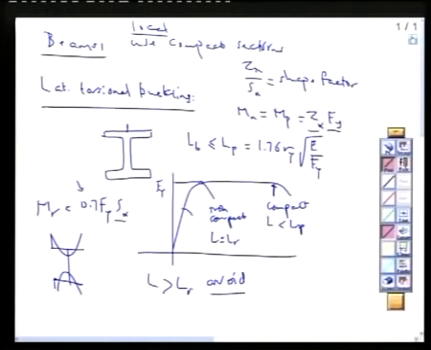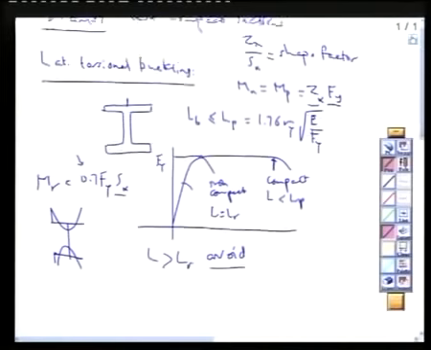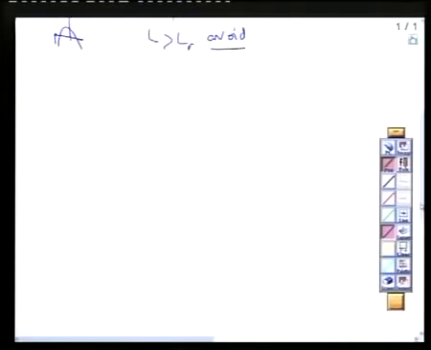Now, between Lp and Lr, we can apply an interpolation equation where Mn equals Mp minus (Mp minus Mr) over (Lr minus Lp), multiplied by (L between braces minus Lp). So we already said how to calculate Mr, how to calculate Mp, and this is the value of Mn.